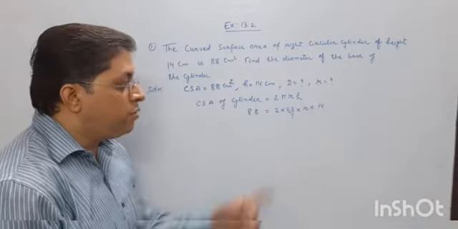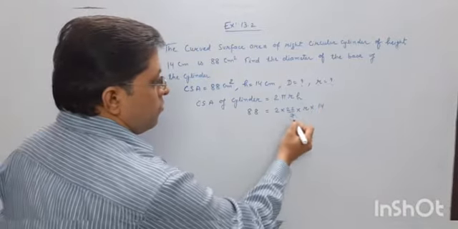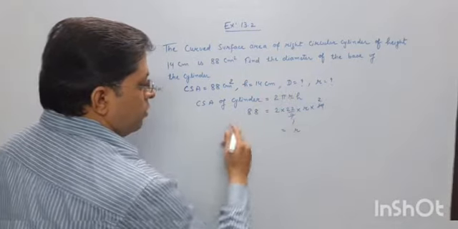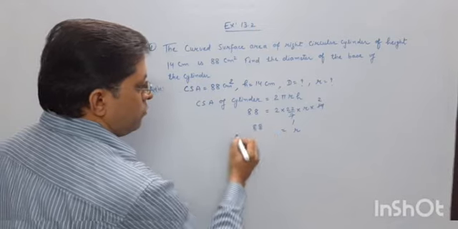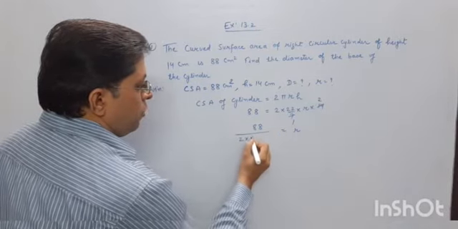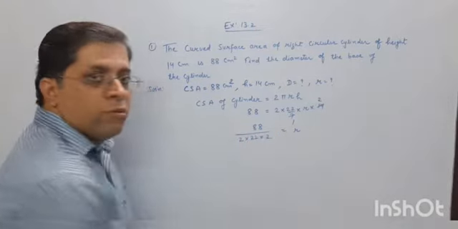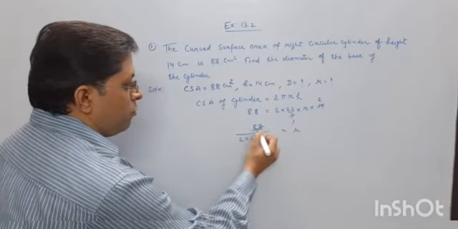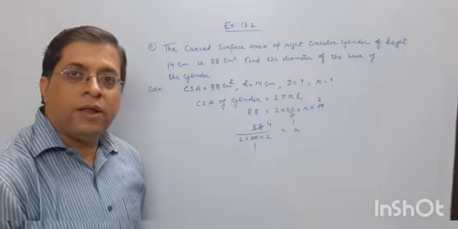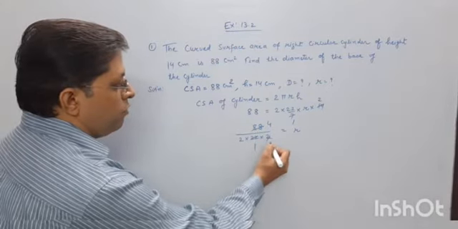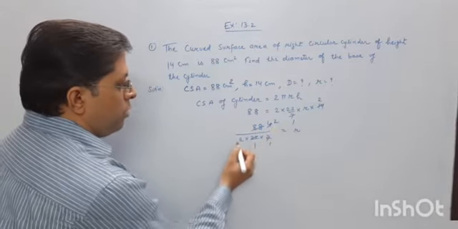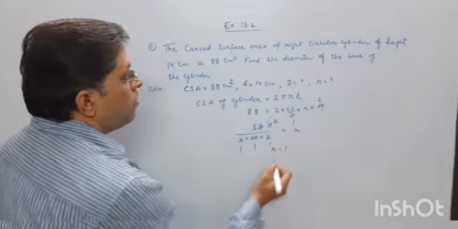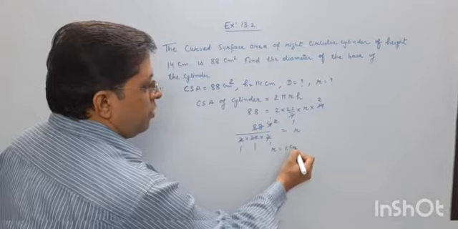Then you can simplify here only. 7 1 is 7, 7 2 is 14. Then what will be the value of R? Send all the values down. 2 into 22 into 2. 22 1 is 22, 22 4 is 88. Then 2 1 is 2, 2 2 is 4. Again 2 1 is 2, 2 1 is 2. Then R is coming 1 centimeter.